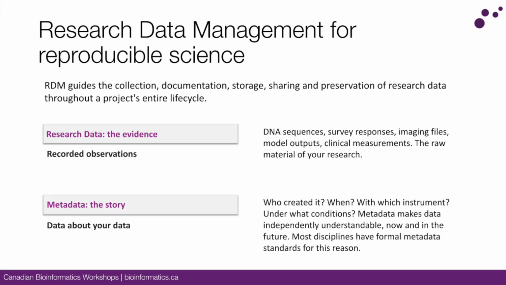There's both the research data itself: you run your sample on the sequencer, you get a nice DNA sequence, you can get images, you can get survey responses. That's the core of the information that matters. But there's also the metadata, which is the story about your data. How was the data generated? What was the instrument that was used? I always like to say metadata is kind of your own post-it love note to the future.